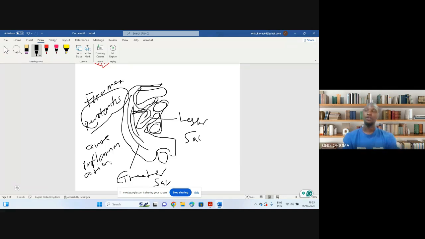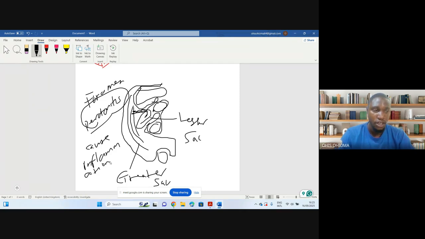And that's why when you do an exploratory laparotomy for a patient that has peritonitis, after you're done removing the purulent fluid from the greater sac, you must also check the lesser sac to be sure that inflamed peritoneal fluid is not there.